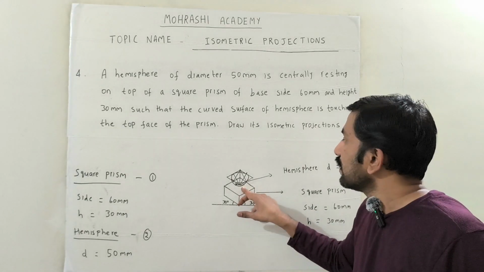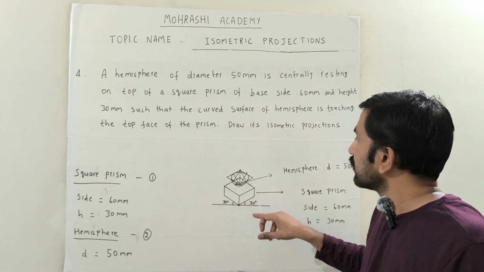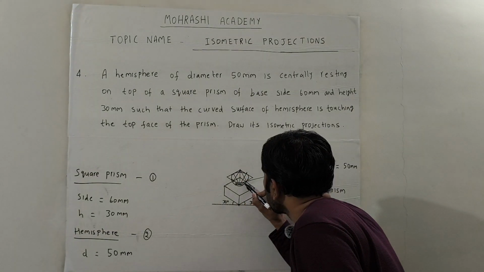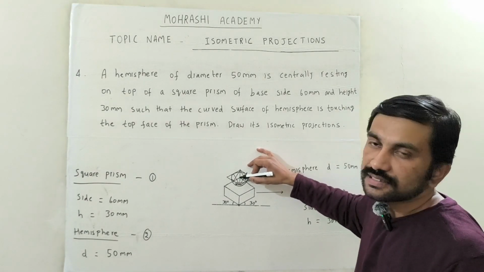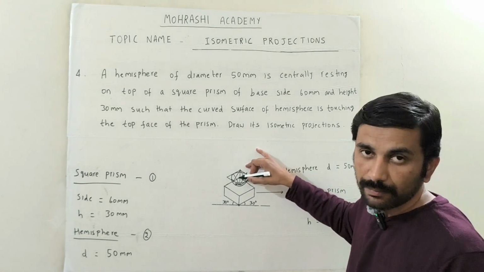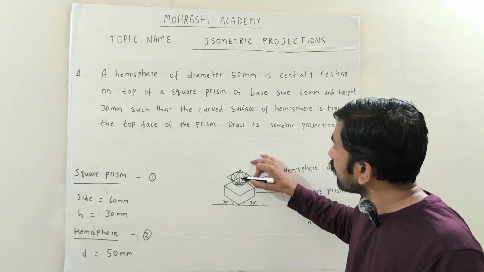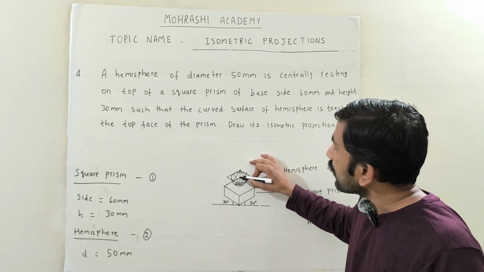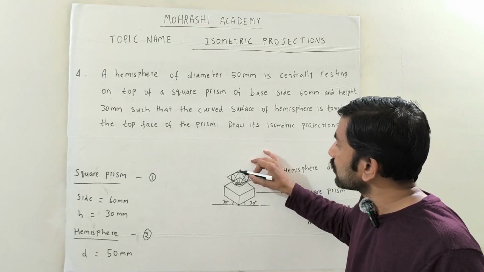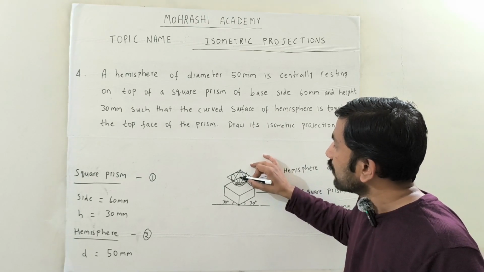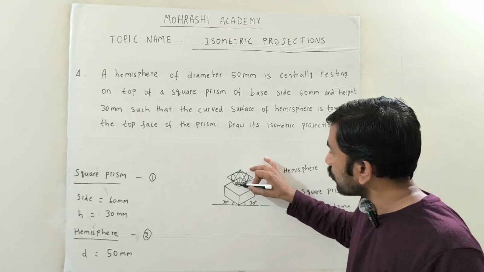After this one, again above this center, to place the sphere. For that one, what I will do, since the diameter of the sphere is 50 mm given in the problem, it means 25 mm above this corner upside and 25 mm below this corner downside.